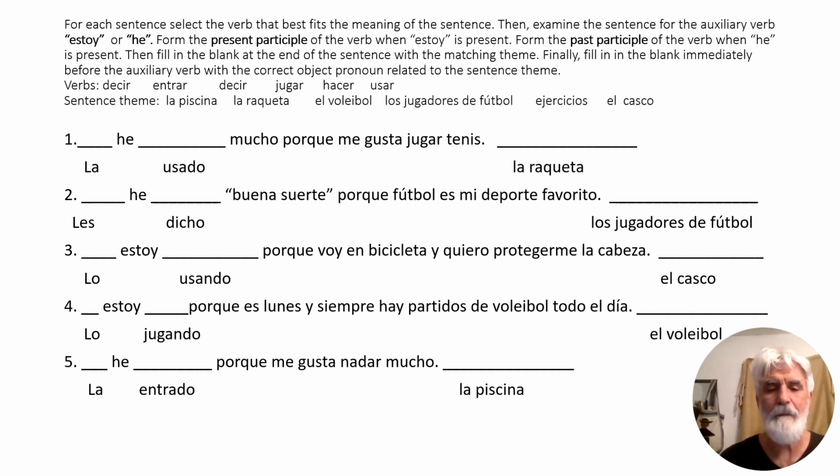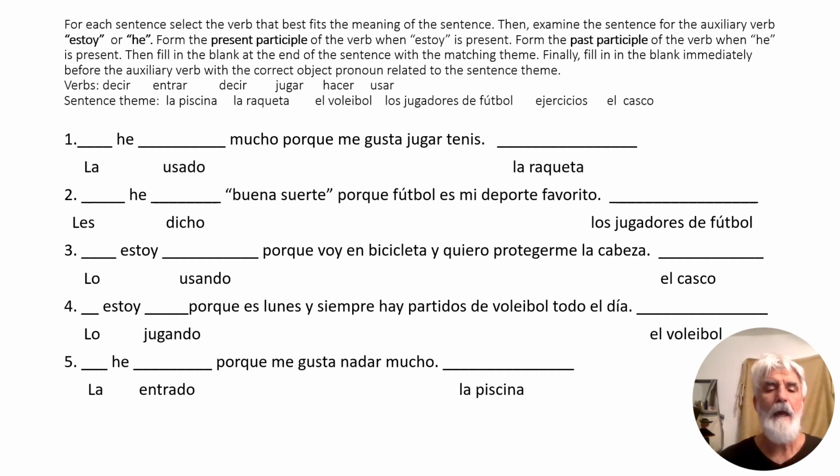We've studied this, but just make sure that you can do that. So make sure you can select the correct verb, look at the auxiliary, put in either the present or the past participle, and then finally look at the object of the sentence or the theme, and make sure you write that in for each sentence. And the themes are all listed up here.